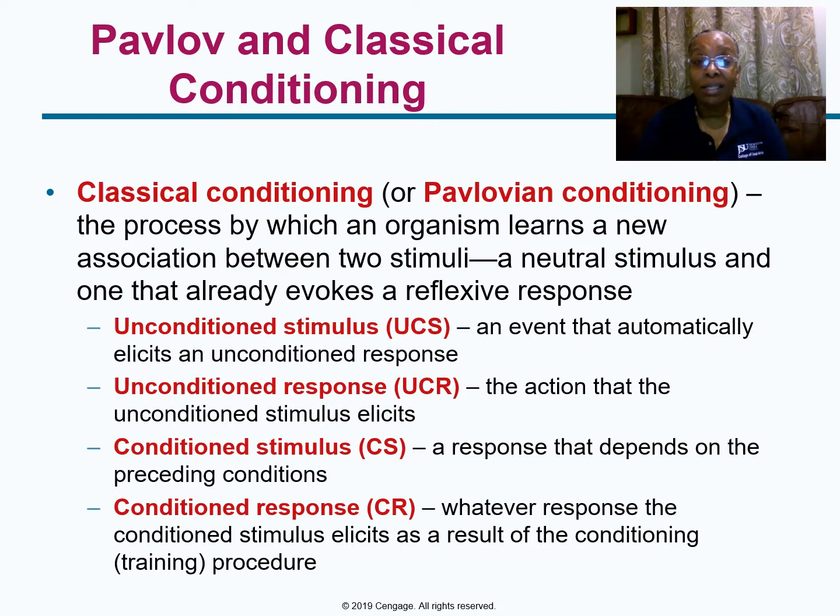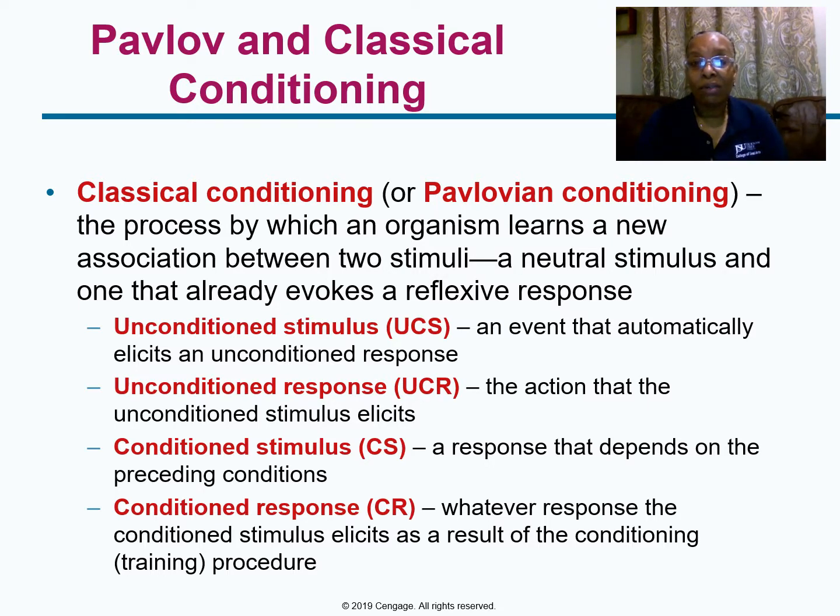And remember now, this is the process by which an association will form between a neutral stimulus, which will become a conditioned stimulus, and one that will initially evoke a reflexive type response. And remember, the response is considered the unconditioned response.